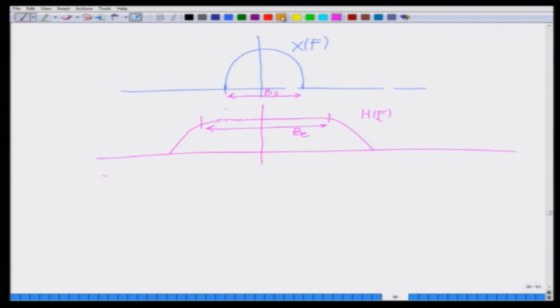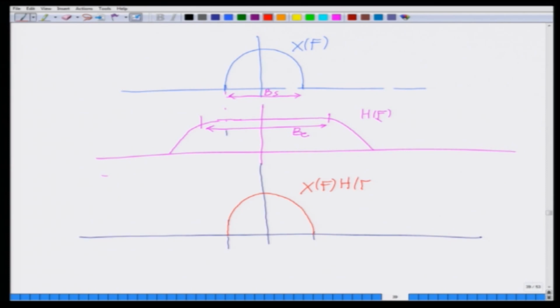Since the bandwidth of the signal is less than the bandwidth of the channel, when you multiply X(f) with H(f) to get Y(f), there is no distortion.